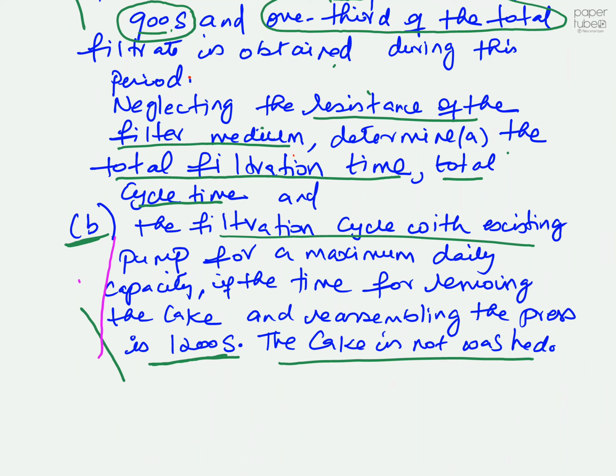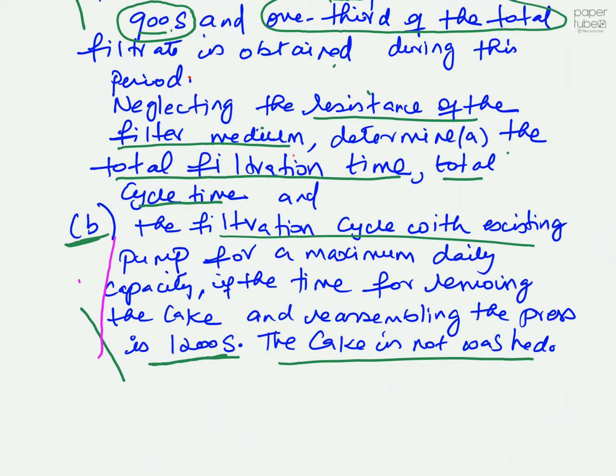But what I ask you to calculate is what will be the time required for the filtration if the total rate of filtration is maximum. In that case, what will be the time required for filtration, and then what will be the cycle time for that case.